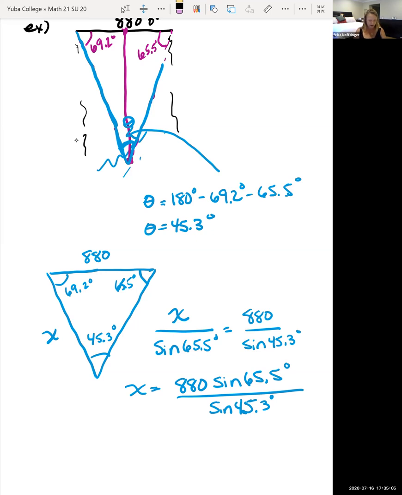Plugging that in the calculator, 880 sine of 65.5, take that result and divide it by sine of 45.3, and you get that X is approximately 1,126.57 feet. Oops, they go out 2 decimals.